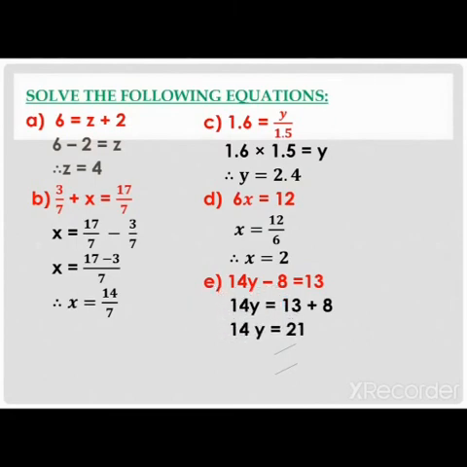Now 14 is multiplied with variable y. So we have one side variable, another side constant. Therefore, y equal to 21 divided by 14. In table 7, 21 and 14 both will come. 7 3s are 21, 7 2s are 14. So, our answer is y equal to 3 by 2.